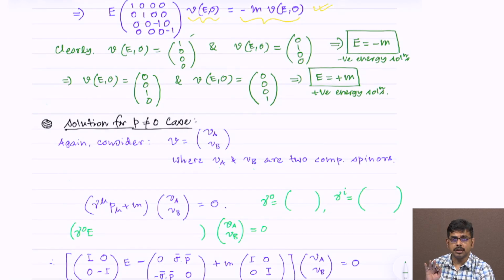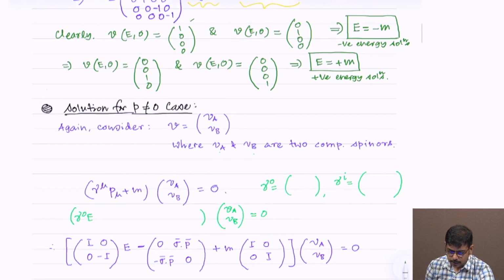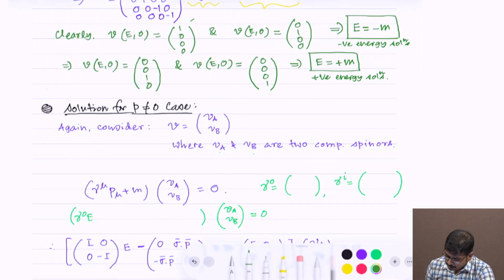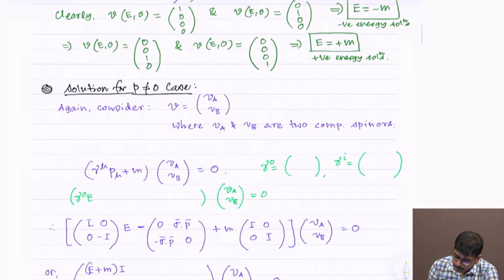Now let us do this case for p not equal to 0. Once again, like the previous analysis, the way we did it for the particle-like case, we are going to choose the 2-component spinors vA and vB to constitute the full spinor, the Dirac antiparticle spinor v.